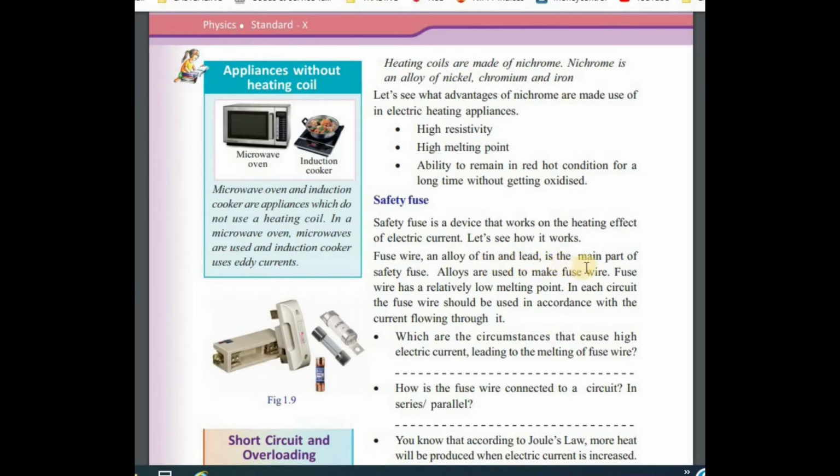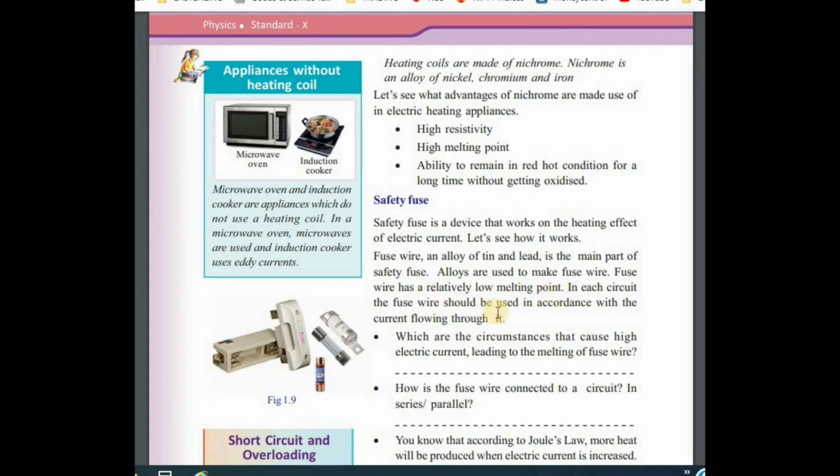That you have to remember is the main part of a safety fuse. Alloys are used to make fuse wire. Fuse wire has a relatively low melting point, whereas what we learned in the heating coil, it has a high melting point.